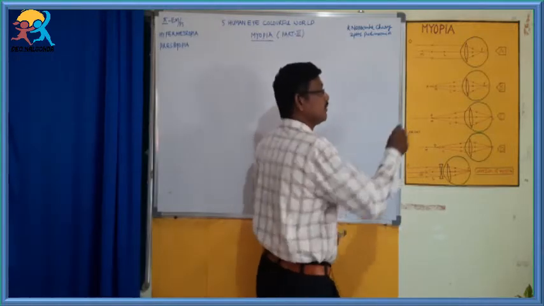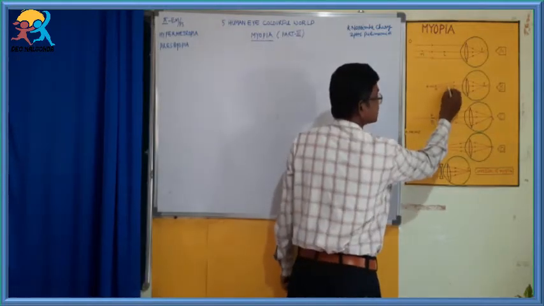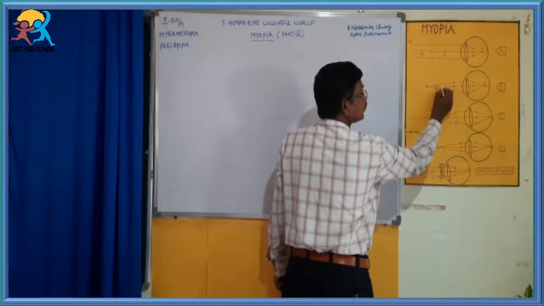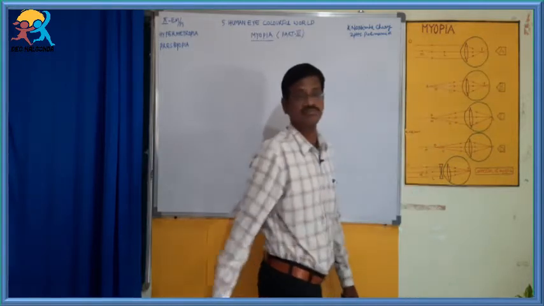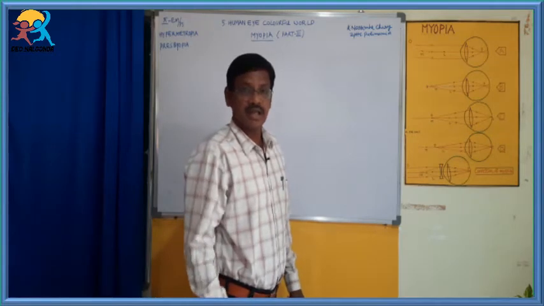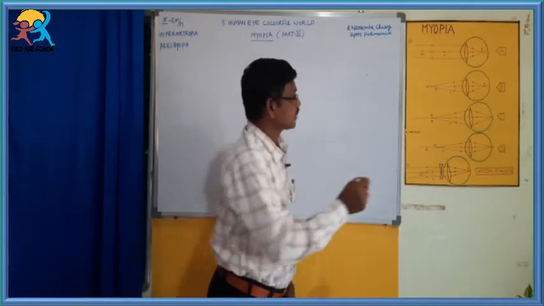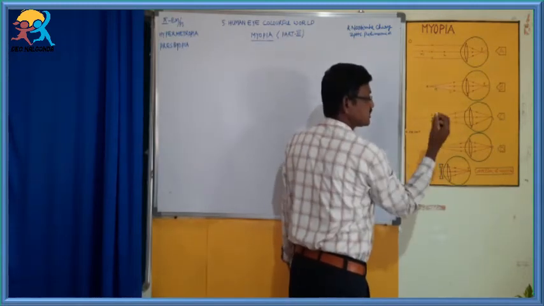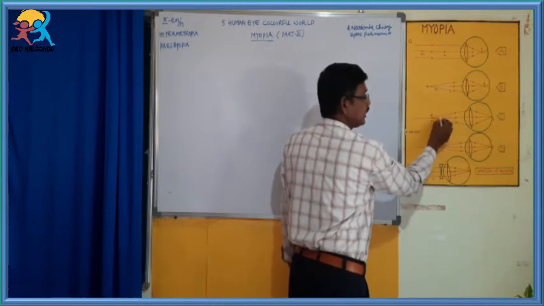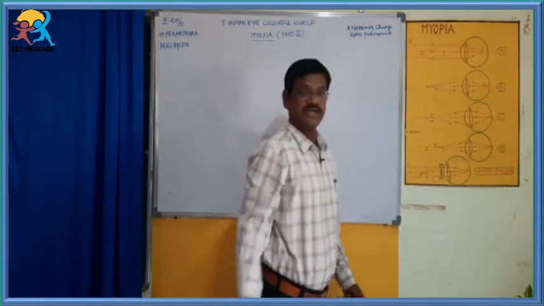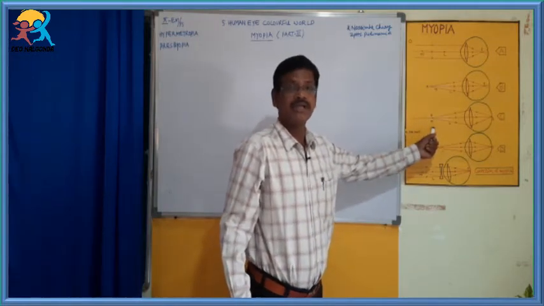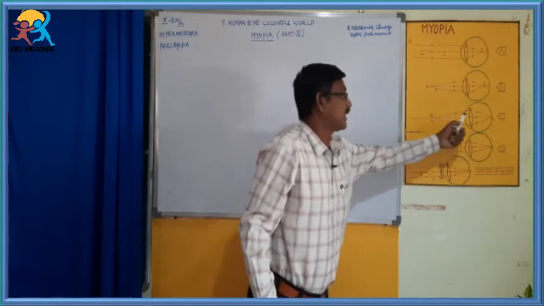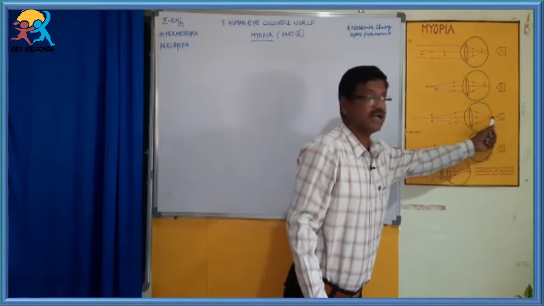For example, people suffering from myopia can see an object at the least distance and anywhere up to a point M. People can see the image of an object at the least distance of distinct vision and up to a certain extent, that is here the point M. Till M, if an object is kept, the person suffering from myopia can see the image of the object clearly.